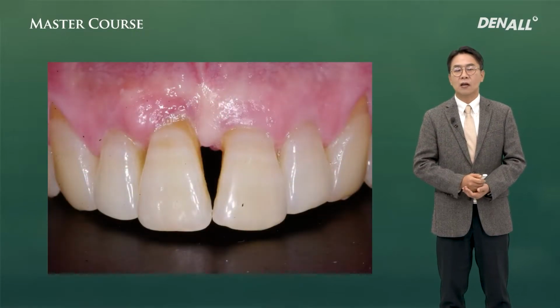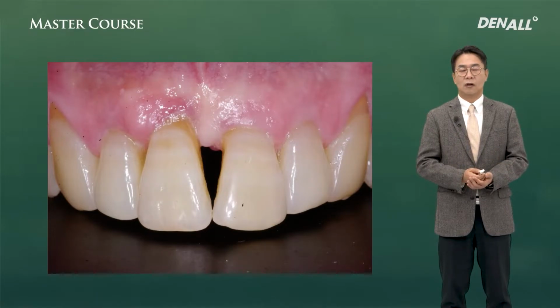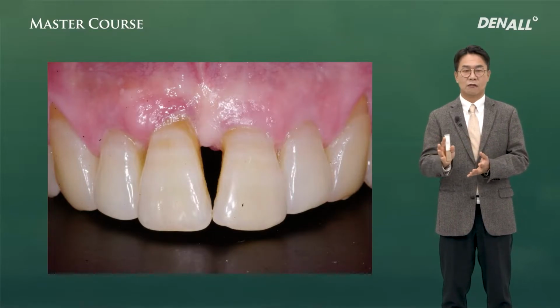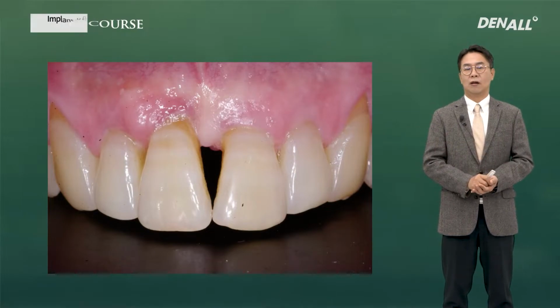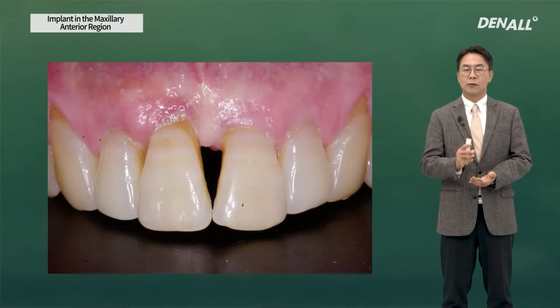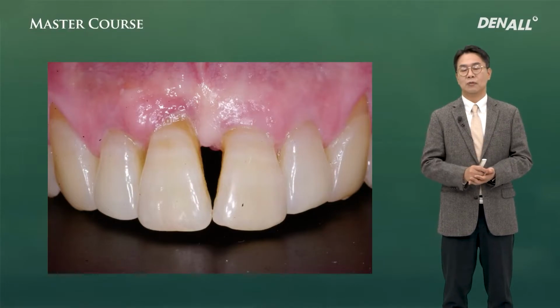However, when the form is triangular, for example, if number 11's color is different from other teeth, it's because inflammation occurred. Between number 11 and 21, the interdental papilla area is quite lost.